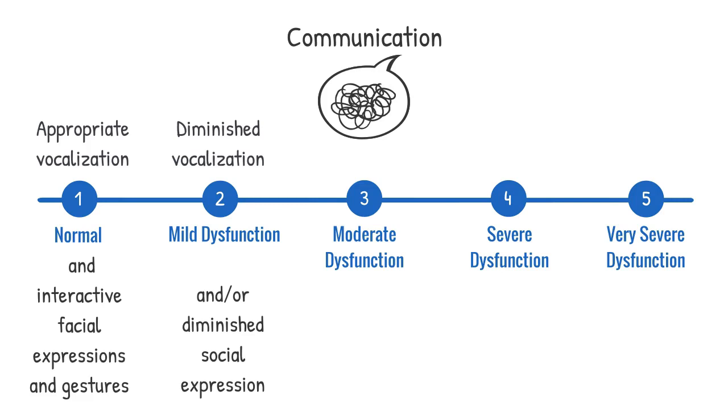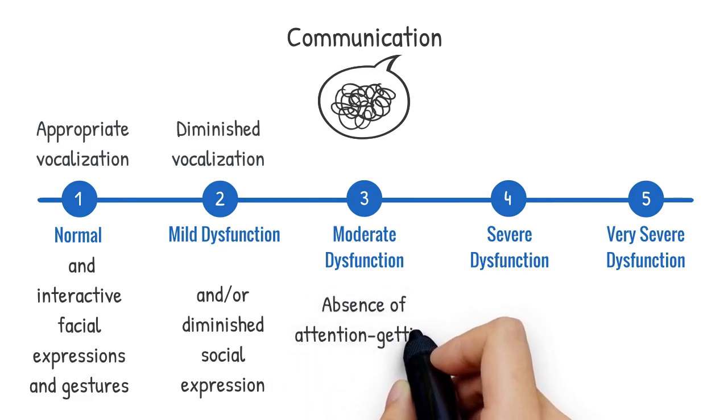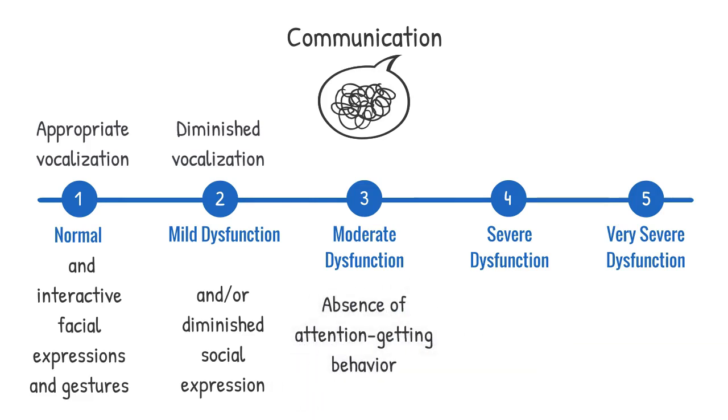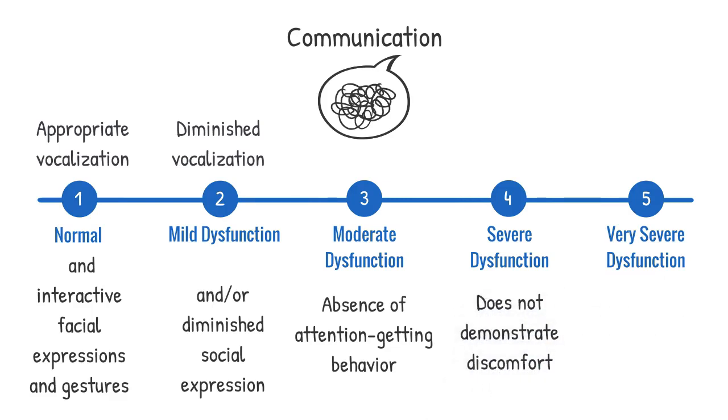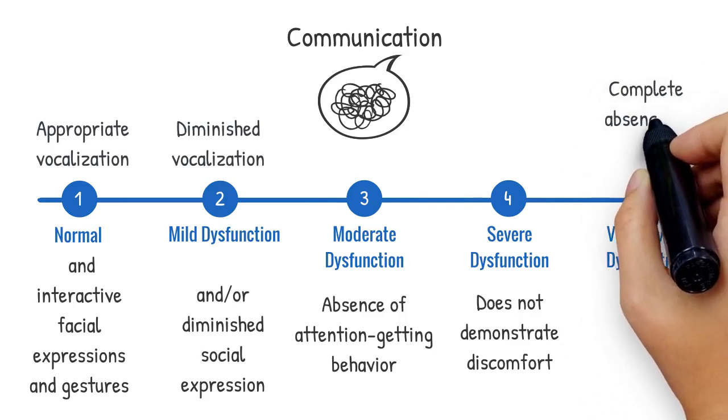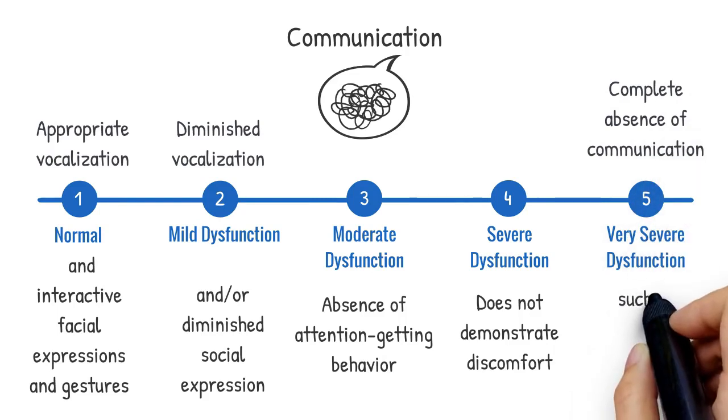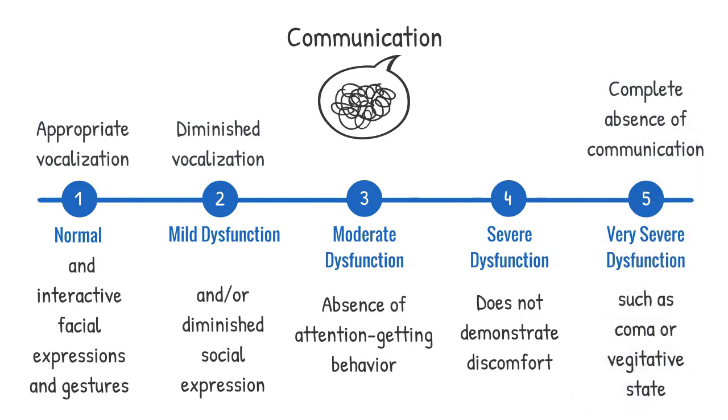Moderate dysfunction in a child refers to the absence of attention-getting behavior, while a score of severe dysfunction indicates a child who will not demonstrate discomfort. Very severe dysfunction is the complete absence of communication, as in a child with coma or in a vegetative state.